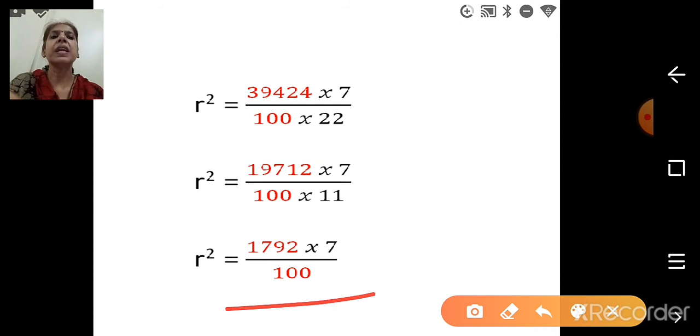Now what is remaining is 1792 multiplied by 7 upon 100. 100 as it is we are keeping because it's a perfect square.